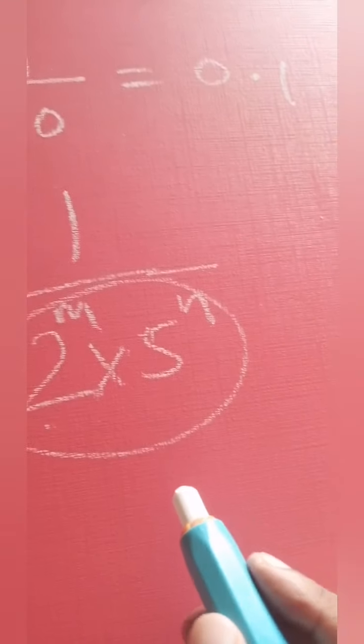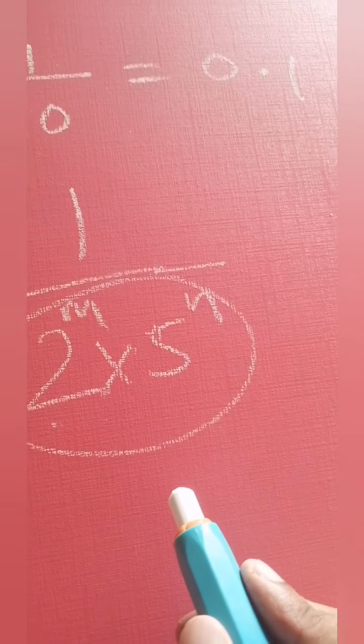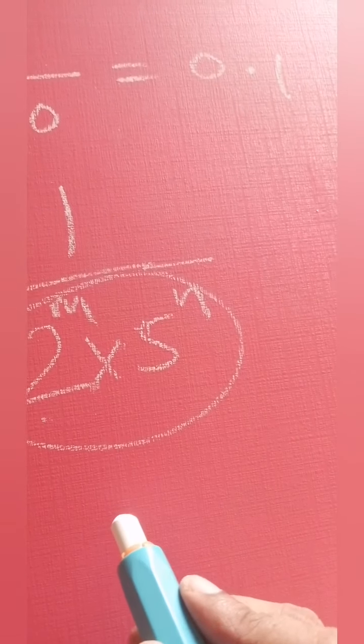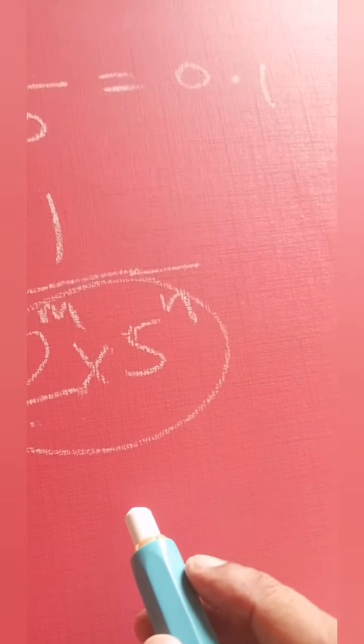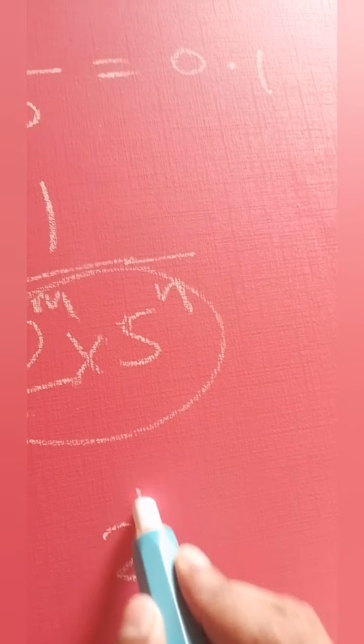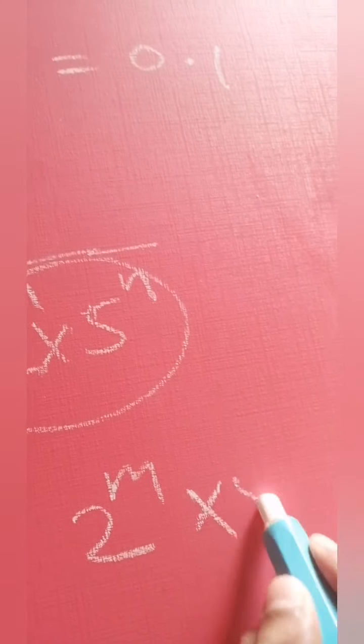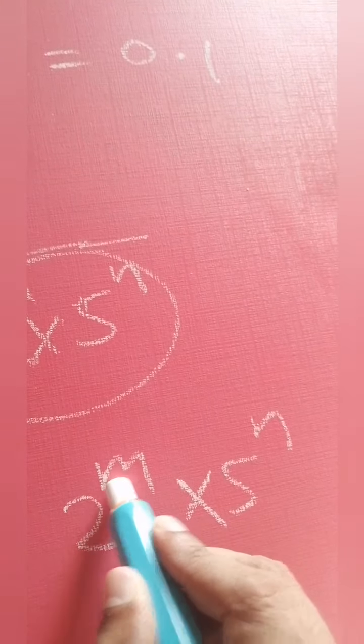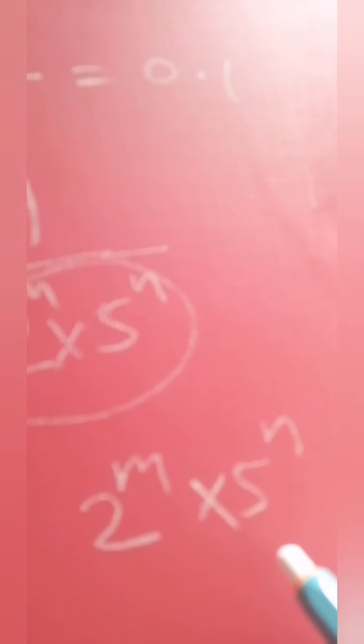So the condition for getting a terminating decimal expansion is: when the number is in p by q form in the lowest form, q's prime factorization is of the form 2 to the power m into 5 to the power n, where m and n are positive integers.